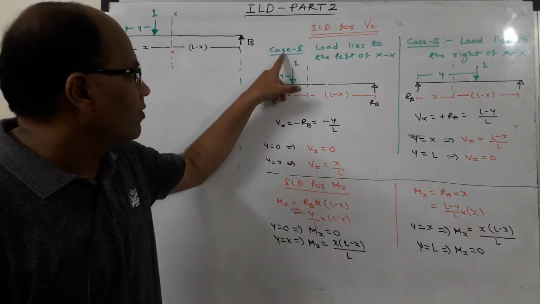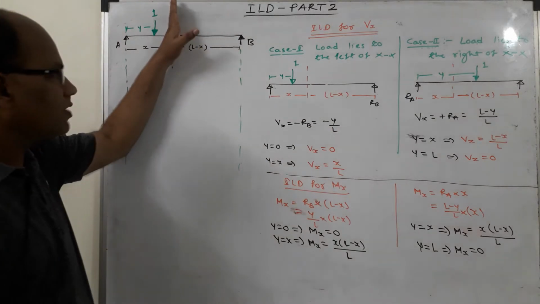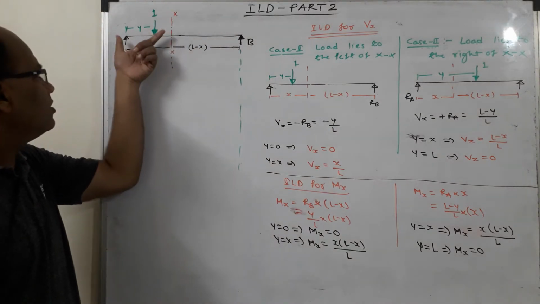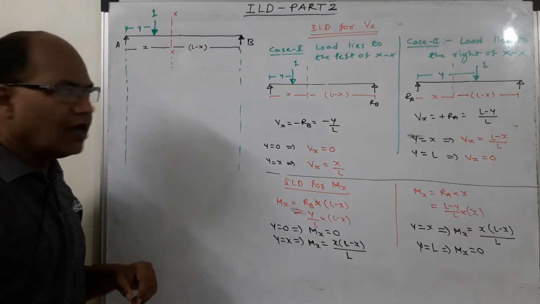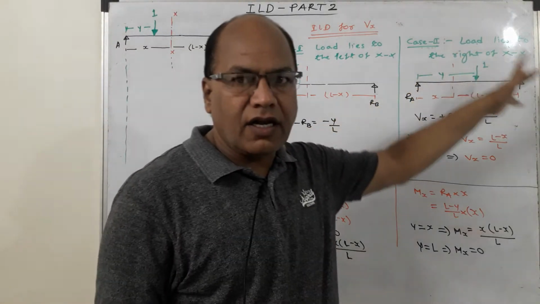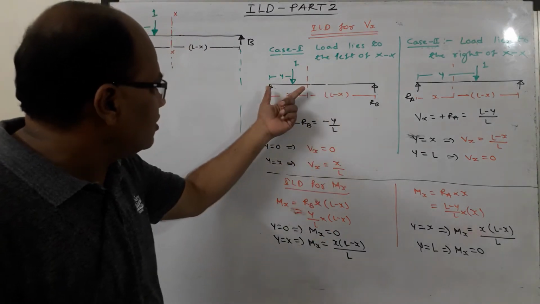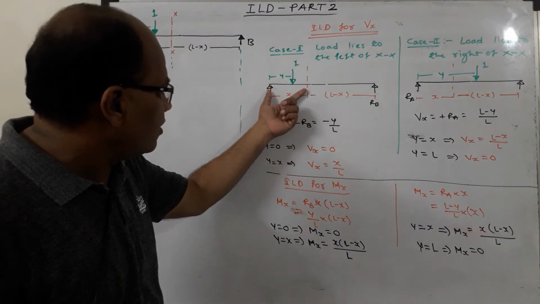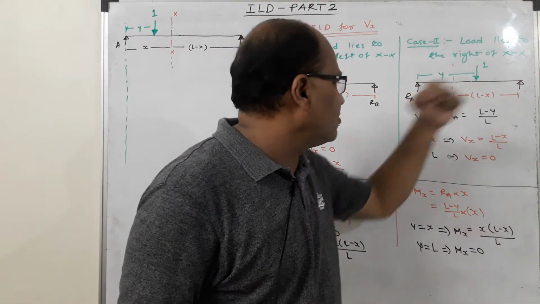Case 1: the load is to the left of section XX, means the load is in the left part of that section. And case 2: the load lies in the right part, that is XB.